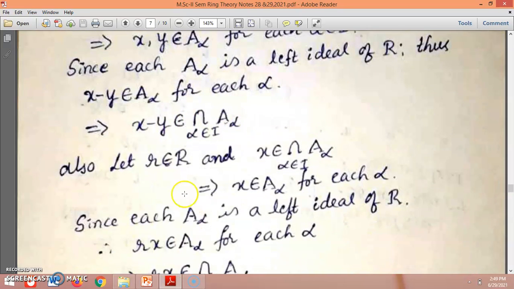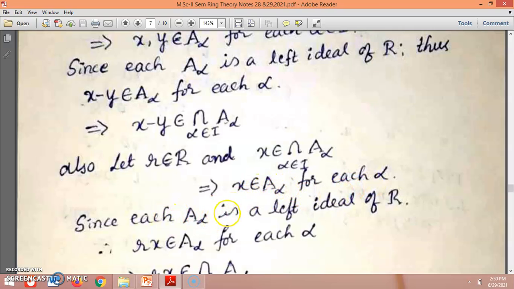Now the second property. Let r belong to R, and take any element x which is a member of the intersection of the family of all the left ideals A alpha, alpha belongs to I. Then x belongs to A alpha for each alpha.